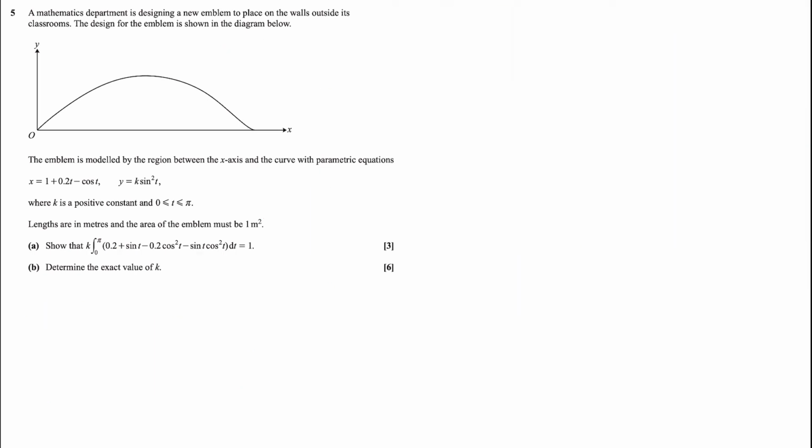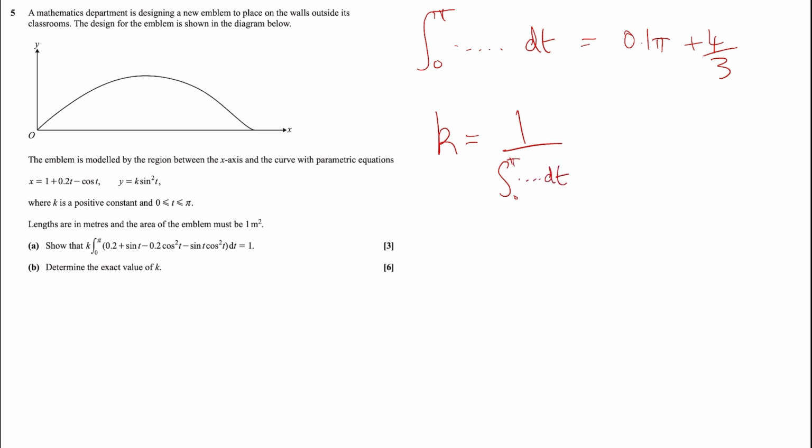So what we've just seen is that the integral from 0 to pi of all that stuff was 0.1 pi plus 4/3. Remember earlier I said that k was going to equal 1 divided by the integral. And we now know what the integral is. It's not the nicest value, so what we can do is times both sides by 30.